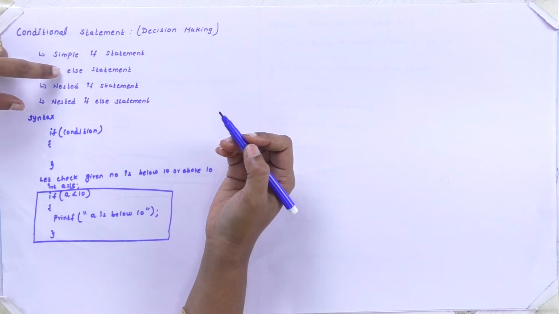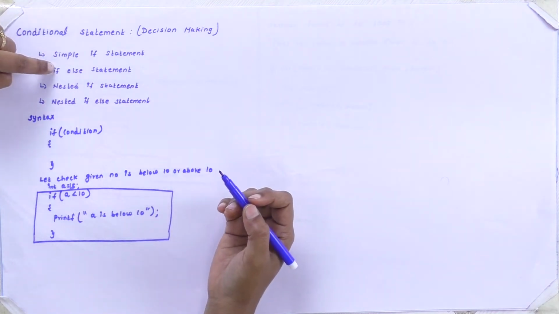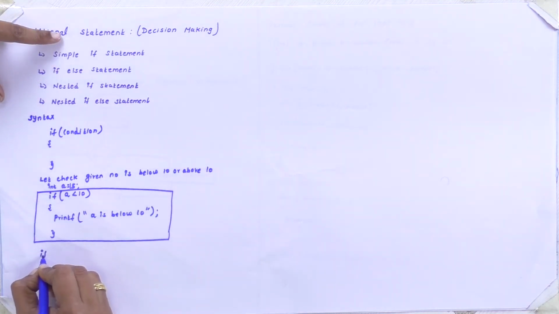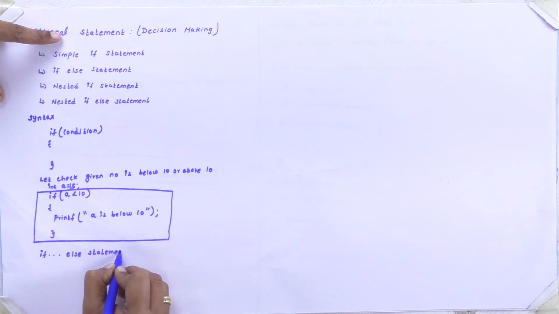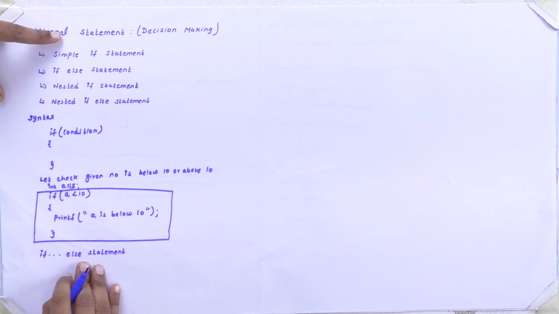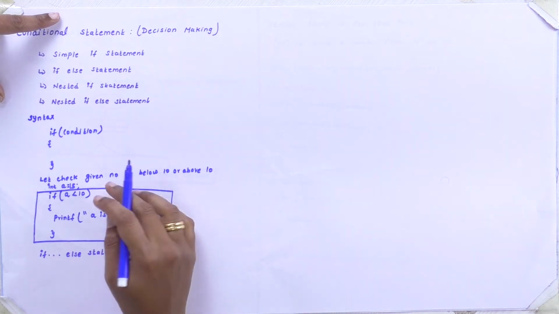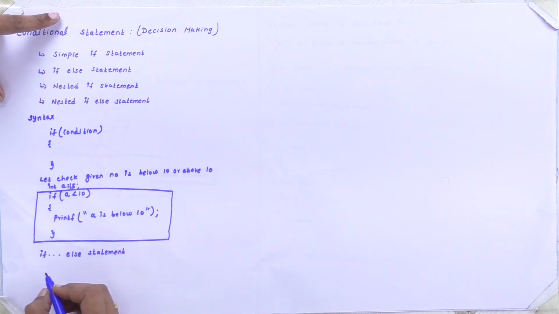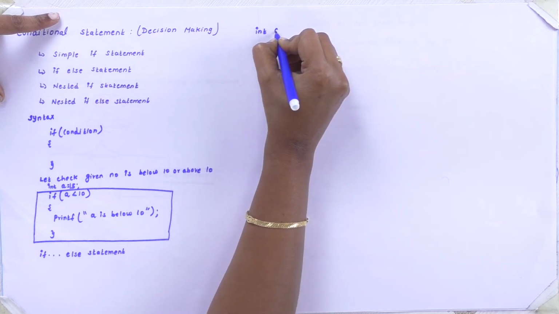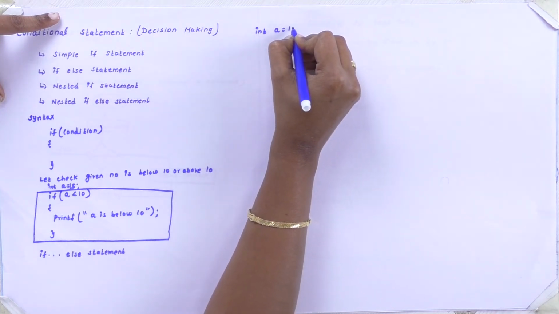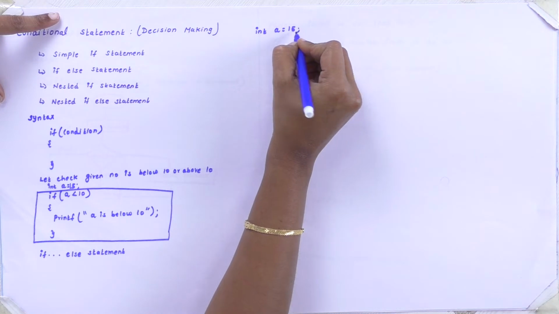So the next one is the if-else statement. In an if-else statement, when the condition is true, it executes the if statement. When the condition is false, it executes the else statement. That is the main difference, so it considers both true and false. The same example we can write like this. Int a equal to 15.